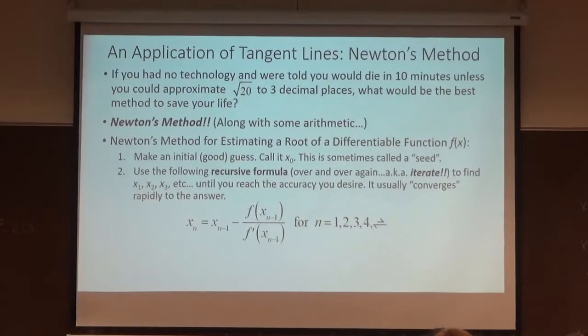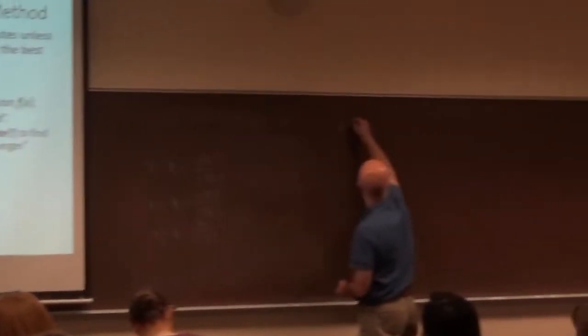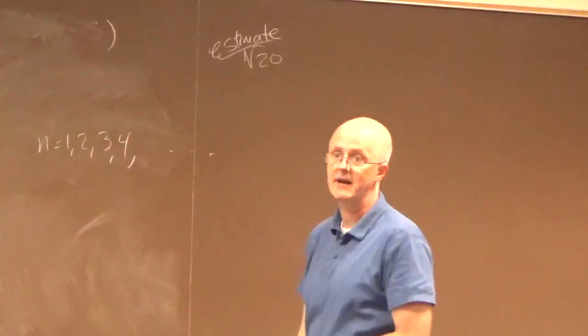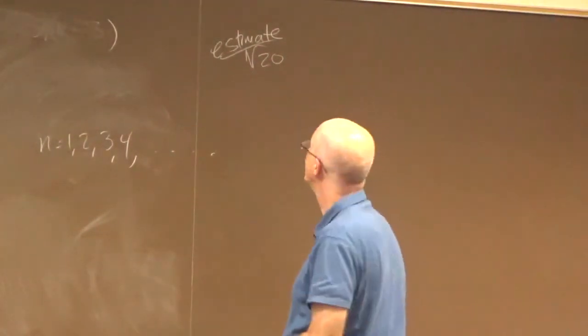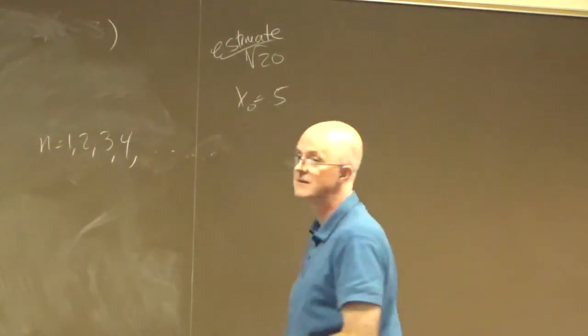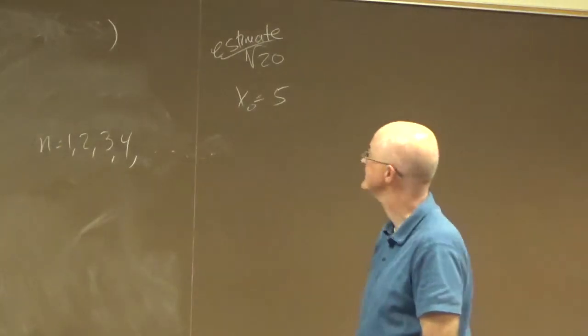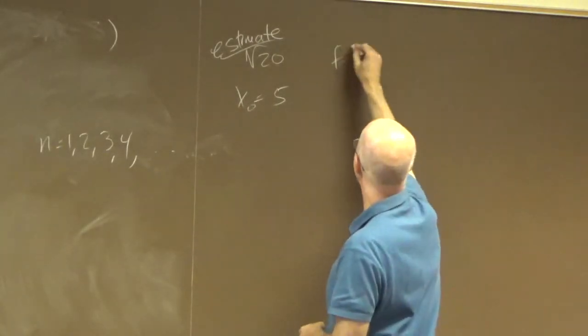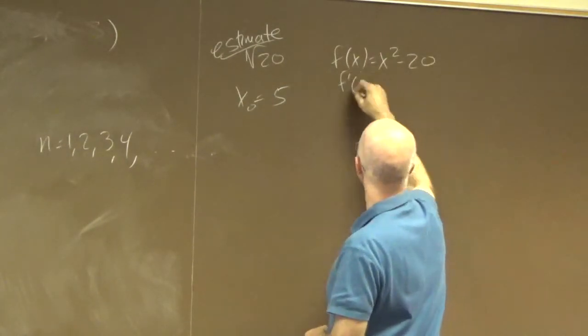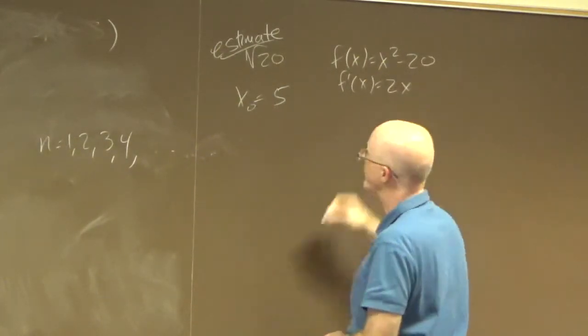So we want to estimate the square root of 20. Let's see how far I can get without a calculator. Let's use x0 to be 5. That's our initial guess. The function that this is a root of, again, is f of x equals x squared minus 20. So its derivative is 2x.